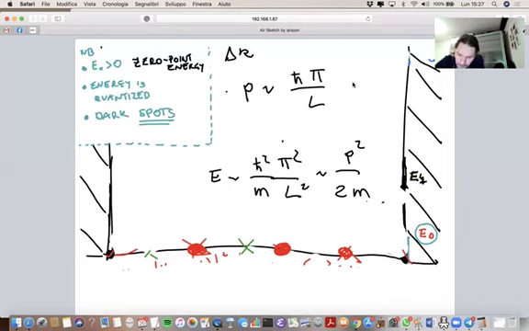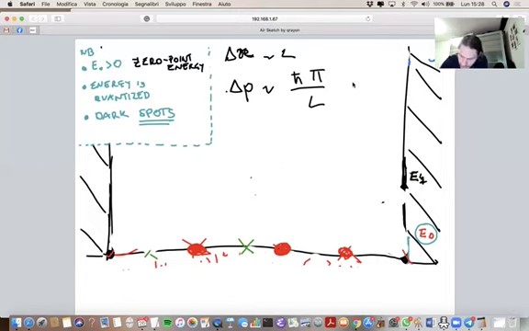So the uncertainty on position is of the level of L. The uncertainty on momentum is of the level of h bar pi over L, which means that roughly speaking, if I multiply the uncertainty on position and the uncertainty on momentum, in this crude analysis, I get something like this number, which is roughly speaking h bar over 2.